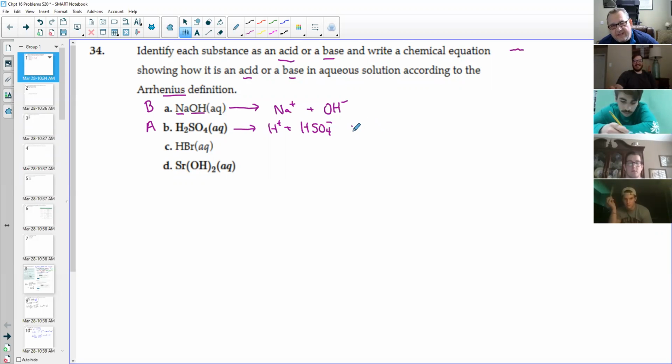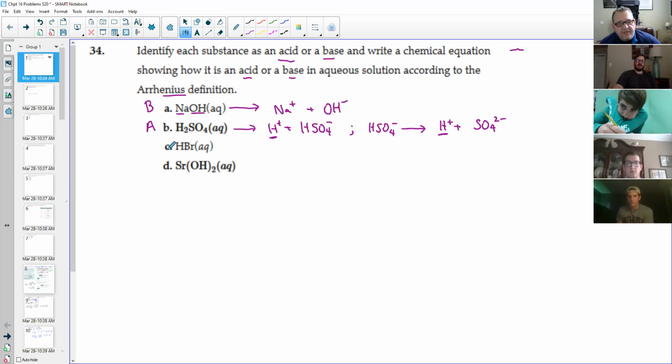And then as a secondary step, the bisulfate can lose a proton and form the sulfate ion, the SO4 2 minus. Because there are 2 protons that can be donated, we call that one a diprotic acid.